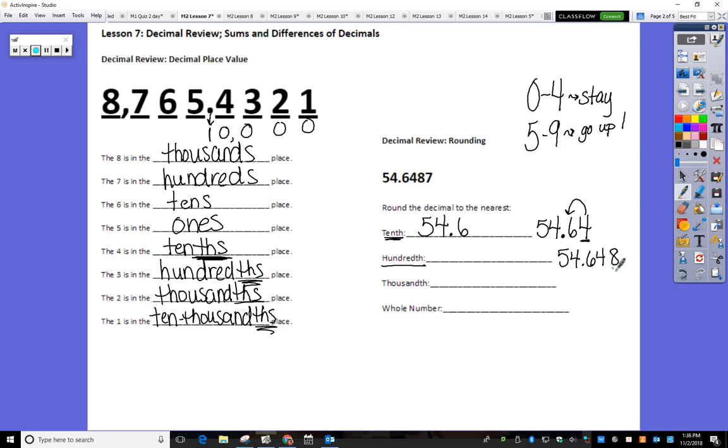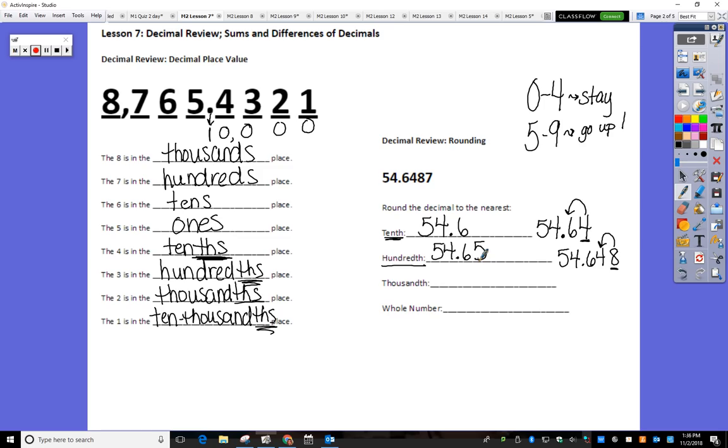I'm using the number in the thousandths place to round the number in the hundredths place. In this case, the 8 tells it to go up 1. So the 54.6 stays the same, and then the 8 tells the 4 to go up 1, and it becomes a 5.